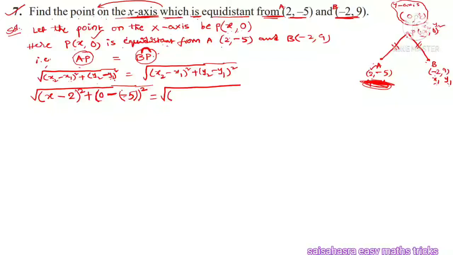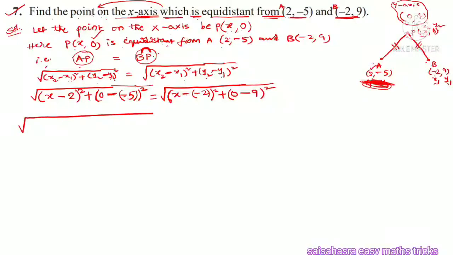Bracket open x2. What is x2 here? X2 is x only, minus x1. X1 is minus 2. Two symbols are side by side, so you can separate with bracket, and close the bracket after square, plus in bracket y2, which is 0, minus y1, which is 9, square.